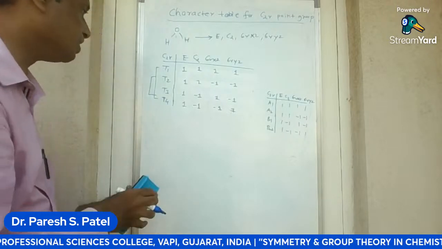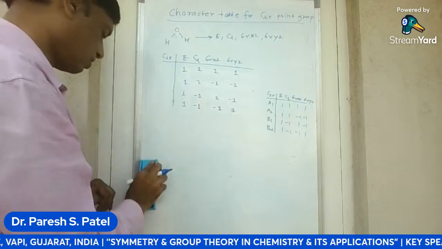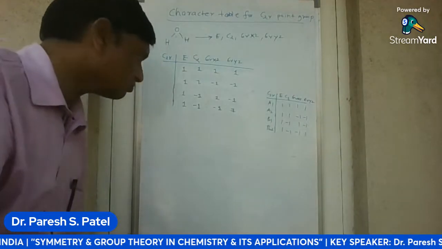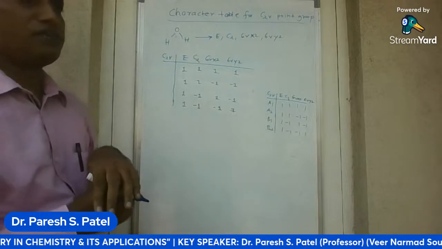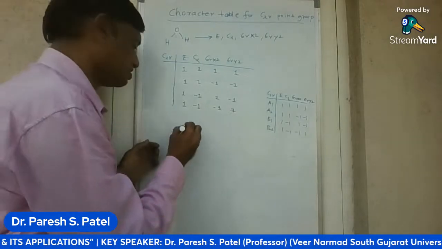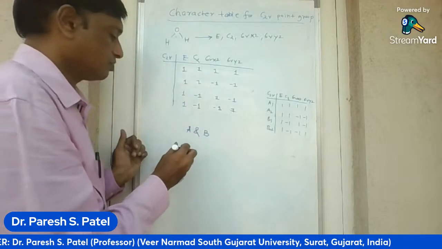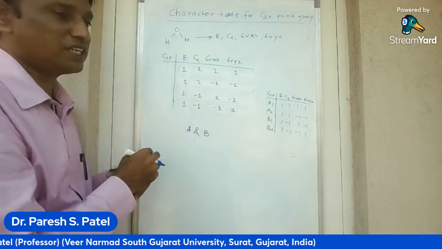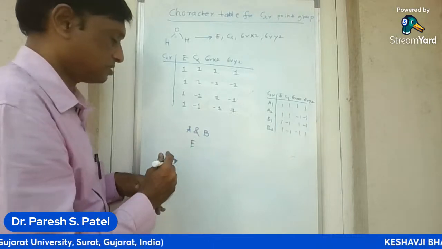Now we are going for the Mulliken symbols. For any one-dimensional irreducible representation, A and B can be used. For two-dimensional representations, E can be used.